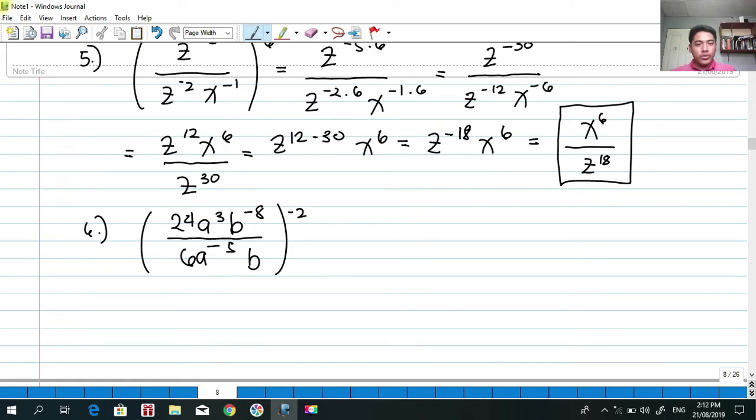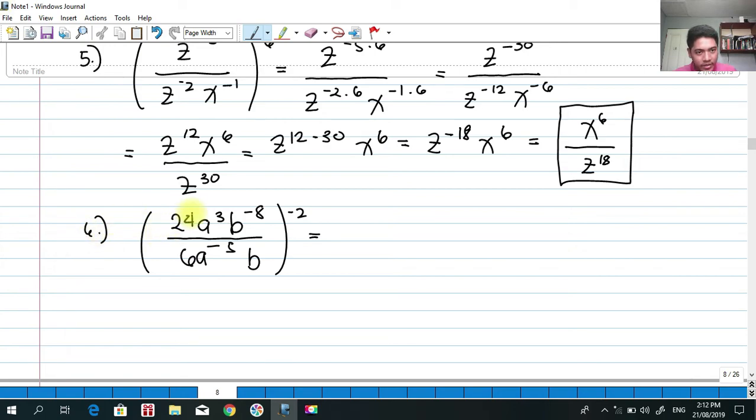So what we are going to do here is use the property of the negative exponent. We need to eliminate the negative 2 here. If we get the reciprocal of this whole term, then this would be a positive square.